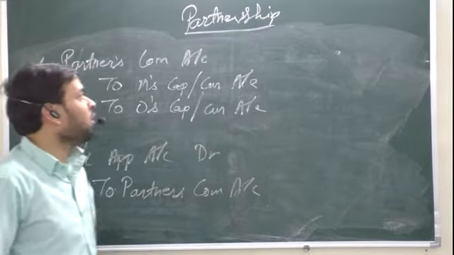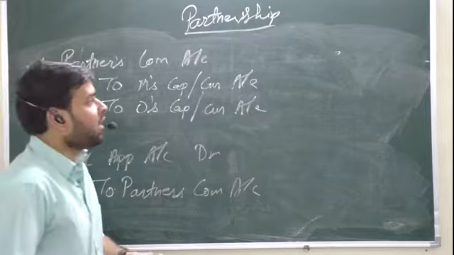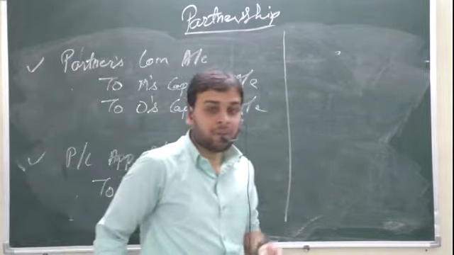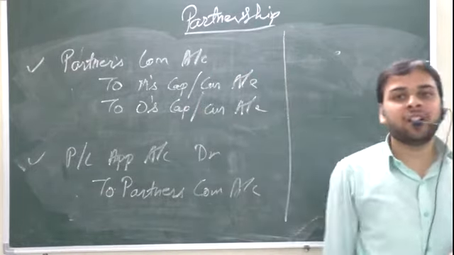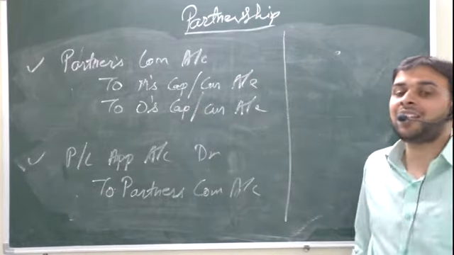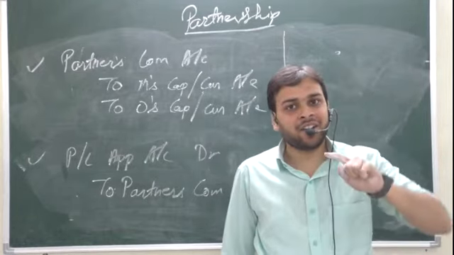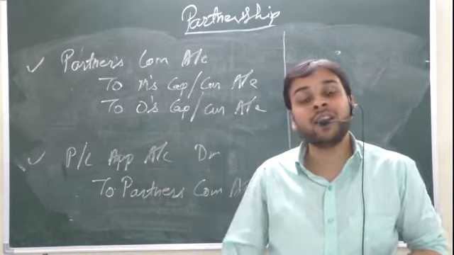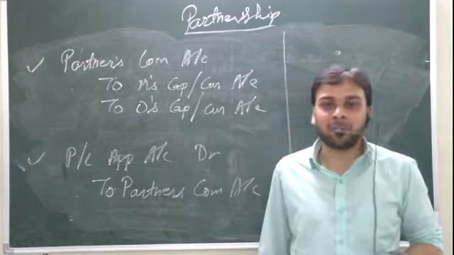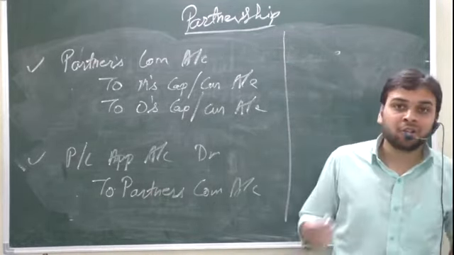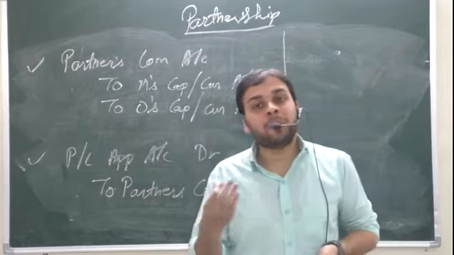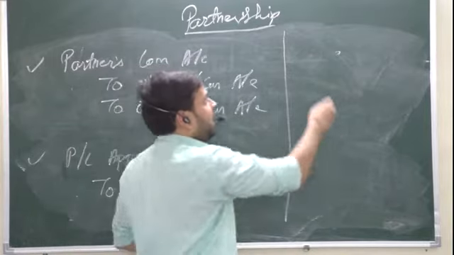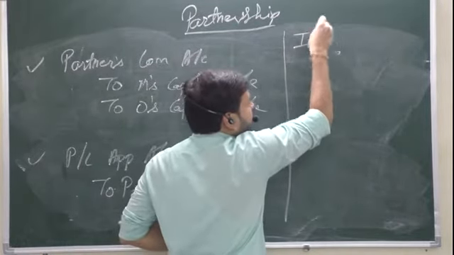Now moving to the third part, that is interest on capital. If the firm is giving interest on capital to the partner, it is again a distribution of profit. It is not the income of the firm, because the firm is going to pay for the capital contributed by the partner. So the partner will be benefited by investing capital in the firm. Again it is considered as an expense.